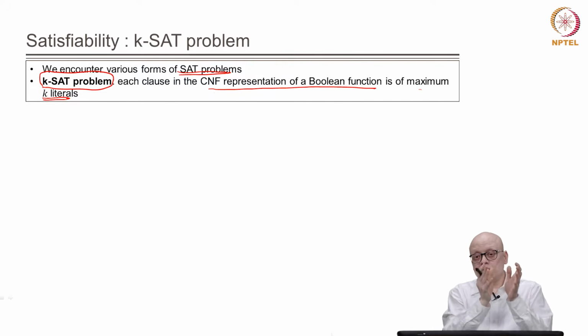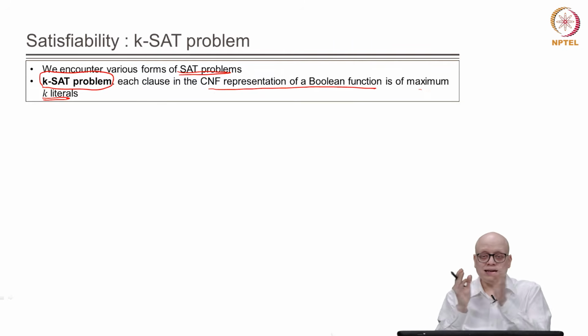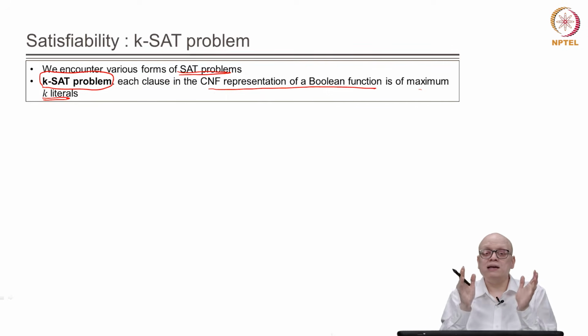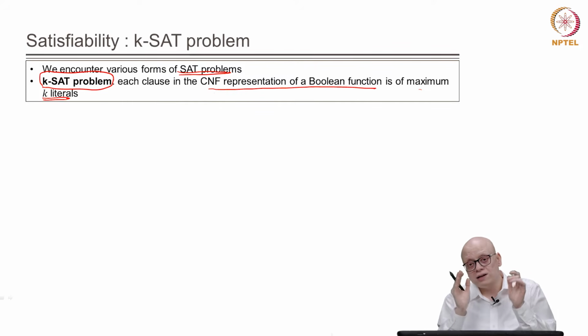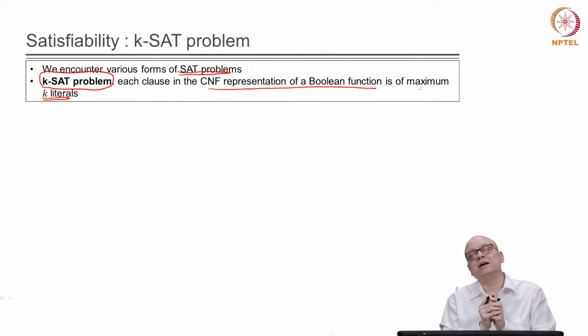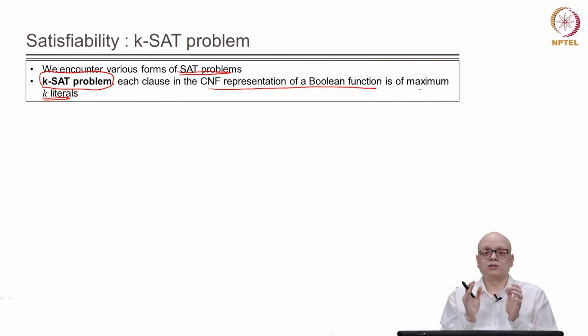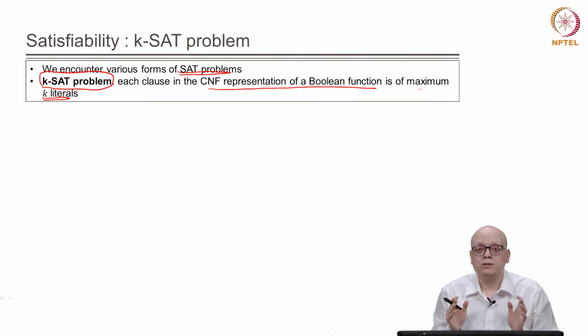In a CNF representation, you will have many clauses, and each clause will have many literals. How many literals can appear at maximum in a clause defines what kind of K-SAT problem it is.